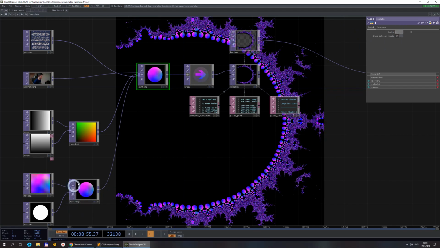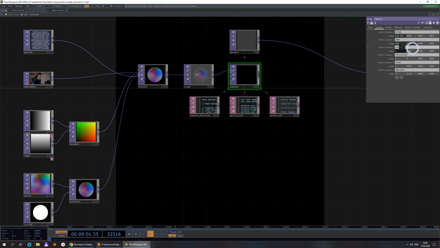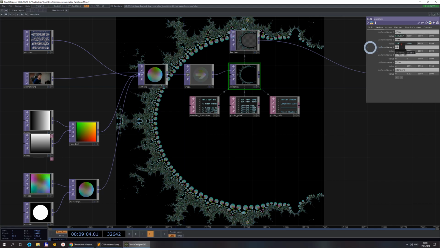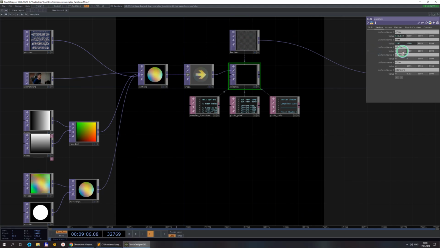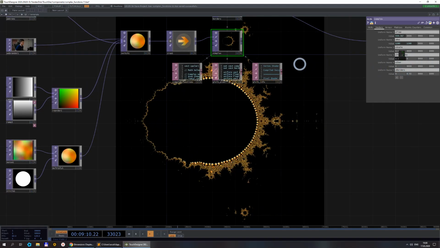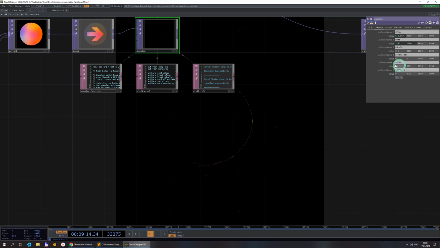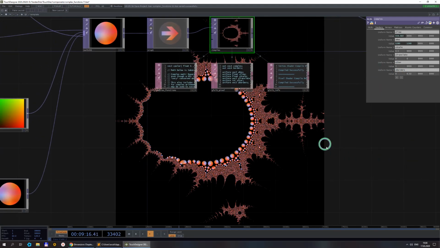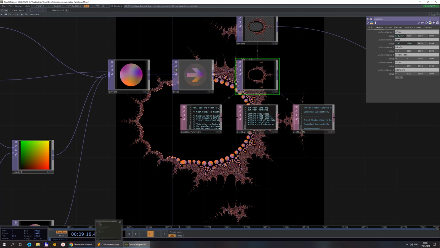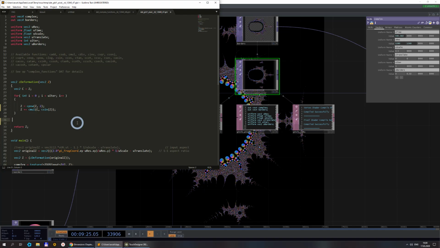Okay, I like this one. And as I said, the scale affects sometimes. Oops, 0.5. Yeah, nice. And what if I increase the iteration? Not so good. So just play with all of those functions, and let me show you a couple more tricks.